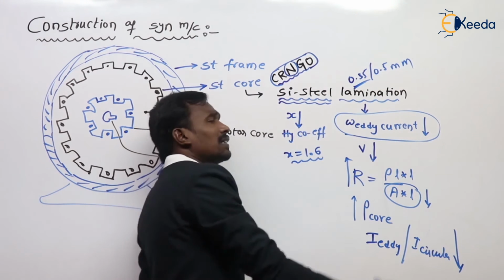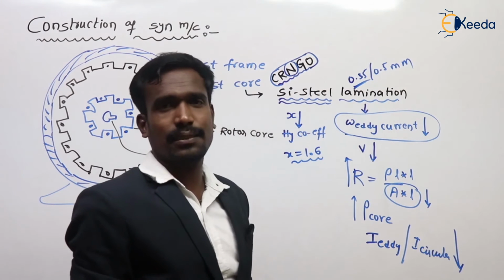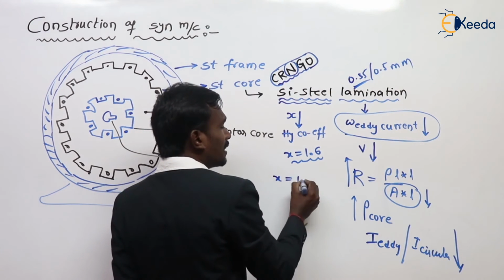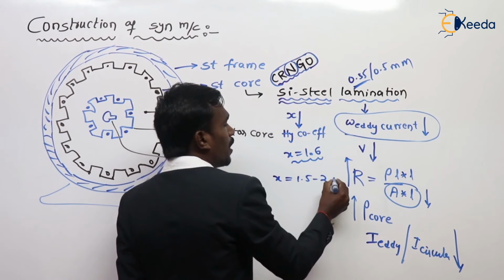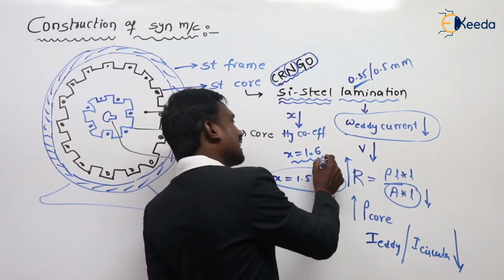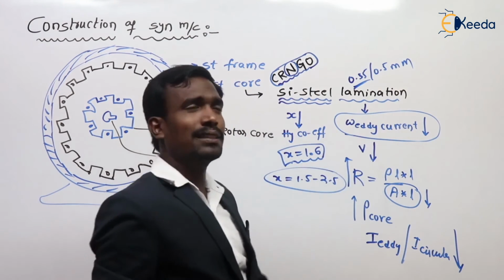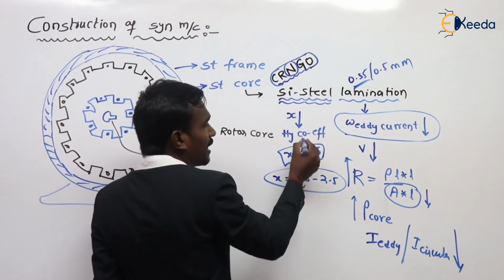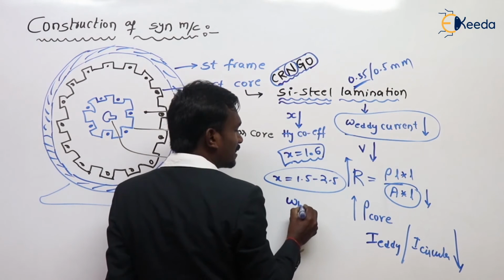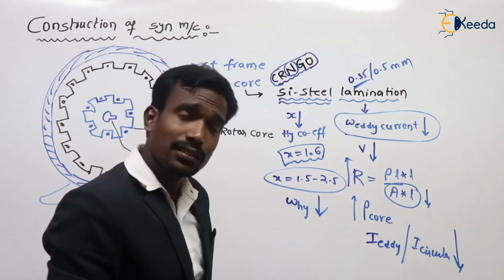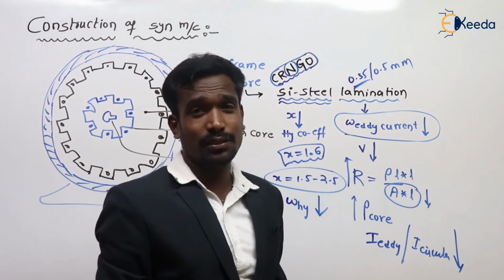How much is it? 1.6. Actually, the hysteresis coefficient range is 1.5 to 2.5, but the practical minimum value, 1.6, is for silicon steel. If the hysteresis coefficient is less, then automatically hysteresis losses also reduce.